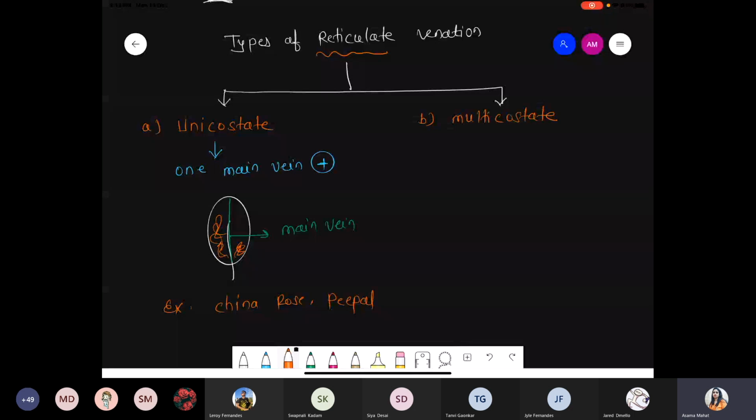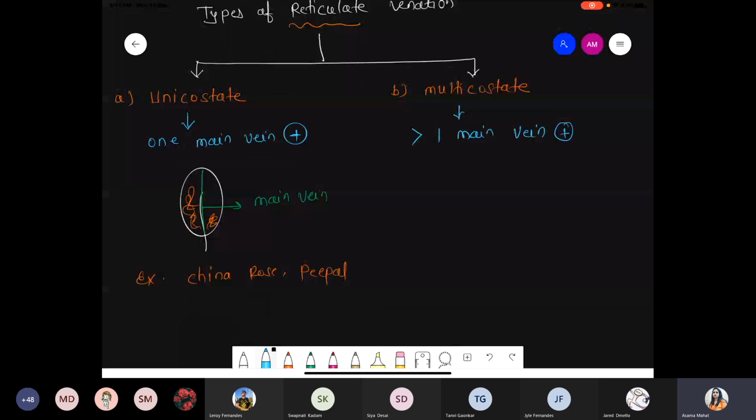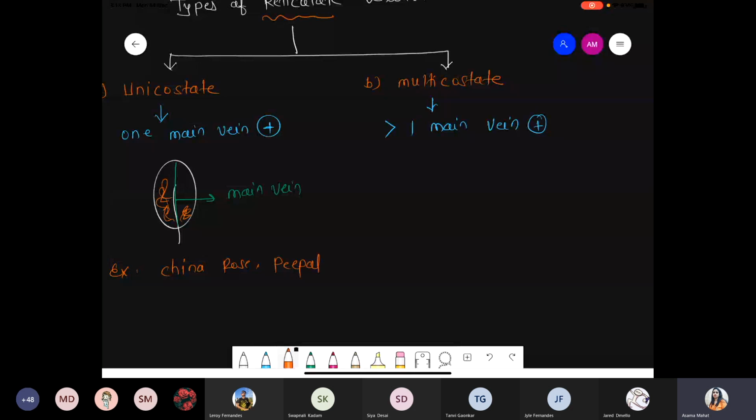And what is the meaning of multicostate? Obviously, more than one main vein is present. So remember the examples. Under this point, we are again taking two types under the multicostate, where more than one vein is present.